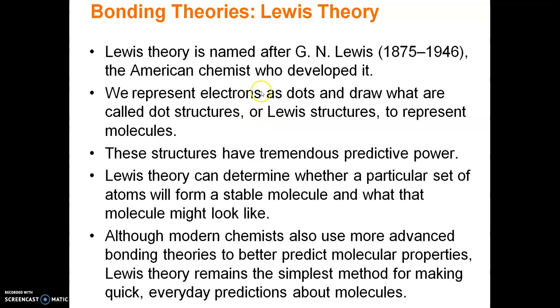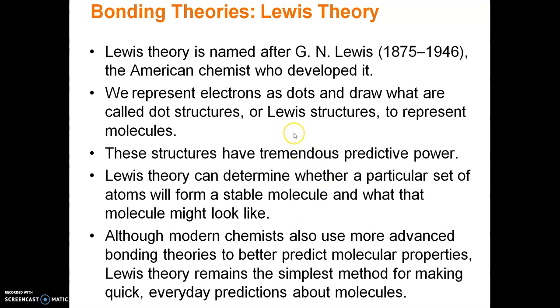So Lewis theory basically looks at the valence electrons. Remember, those are your outer shell electrons, not the core electrons. For the most part, all your noble gas core electrons are buried inside. We don't care. All the d electrons are buried deep inside. We don't care. It's just the outer shell s's and p's that matter.